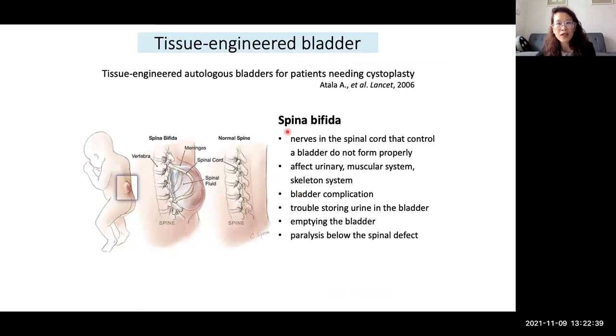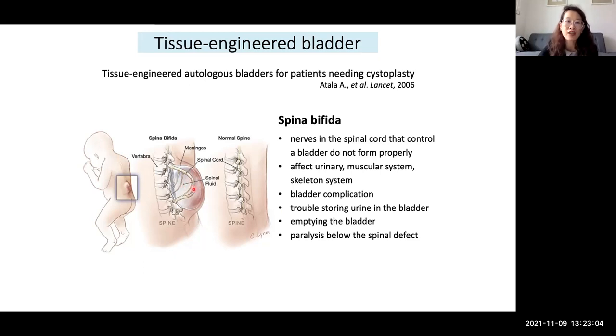It's called spina bifida. What's going on is here. You will see at the back of the baby, there's some spinal fluid exuding out. And what the spinal fluid does to her spinal cord is that it compresses it and gives some pressure.